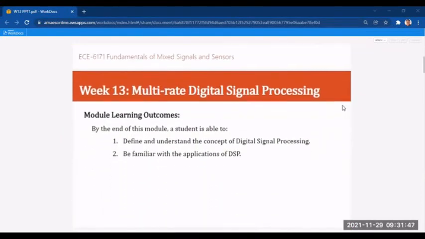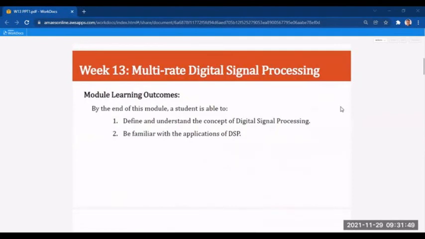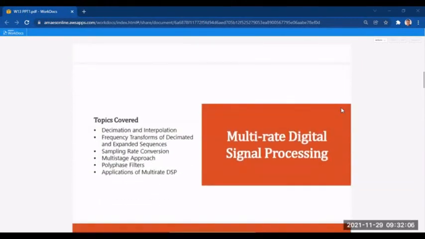Okay. So for the learning outcomes of this week's module, we have number 1, define and understand the concept of digital signal processing, and number 2, be familiar with the applications of digital signal processing. So these will be the topics that we will cover for this module.